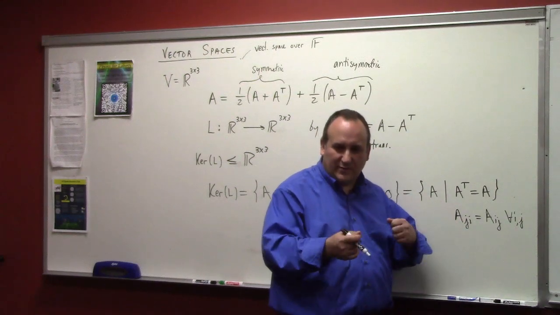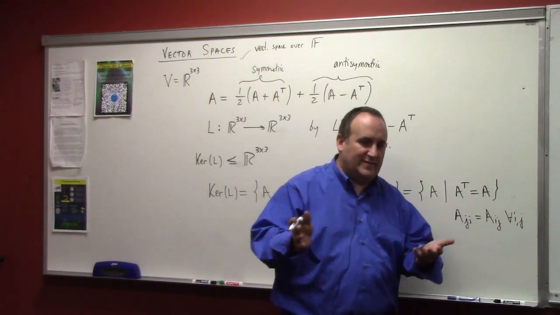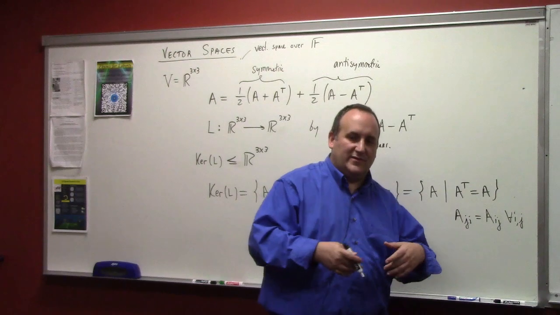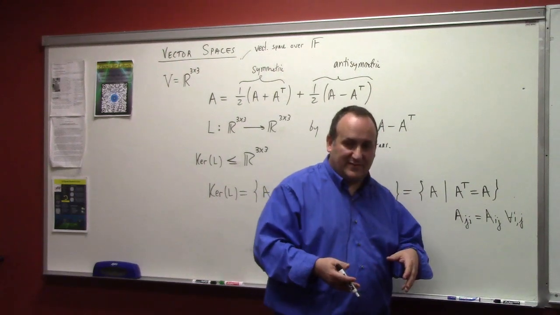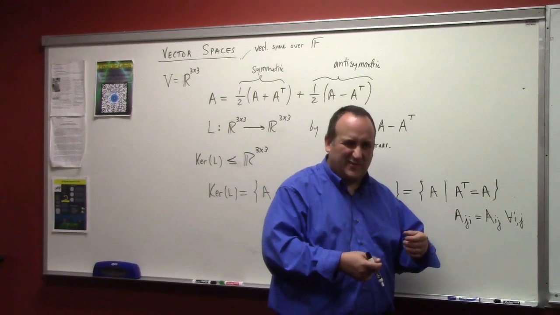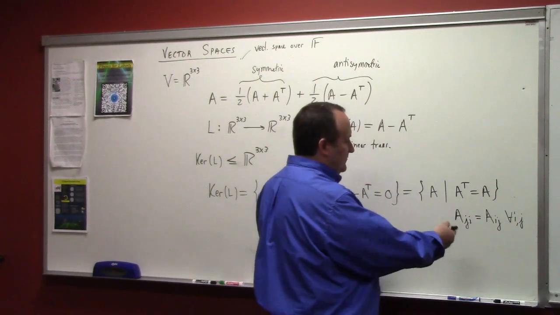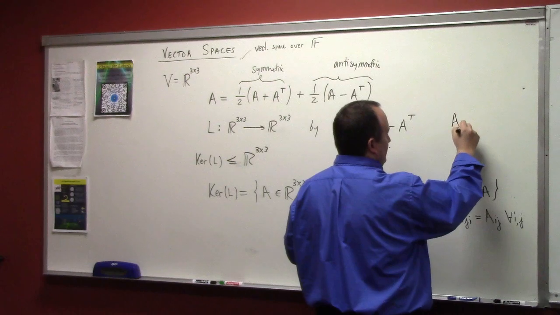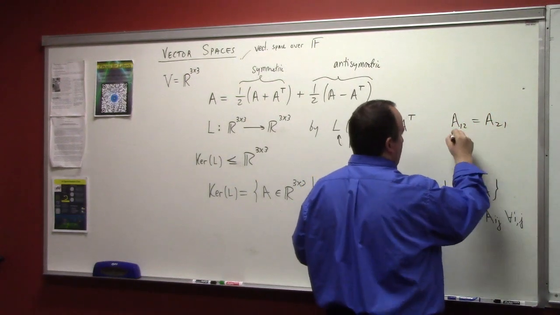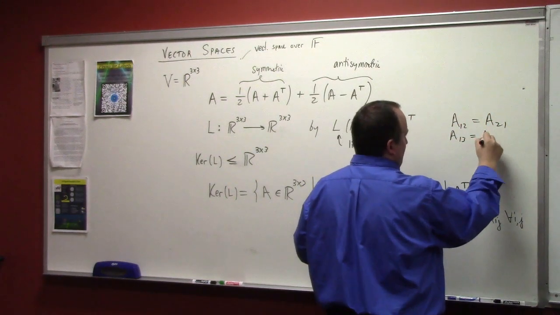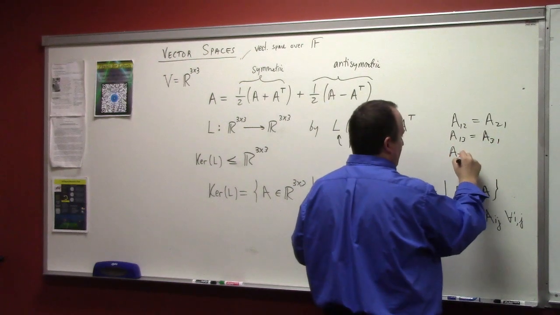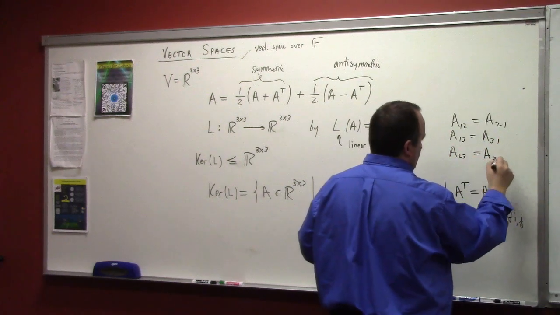The 1,2 equation and the 2,1 equation are the same equation. So ignoring the diagonal ones, there's really only three. When you distill it down, all you need to think about is A12 equals A21, A13 equals A31, and A23 equals A32.